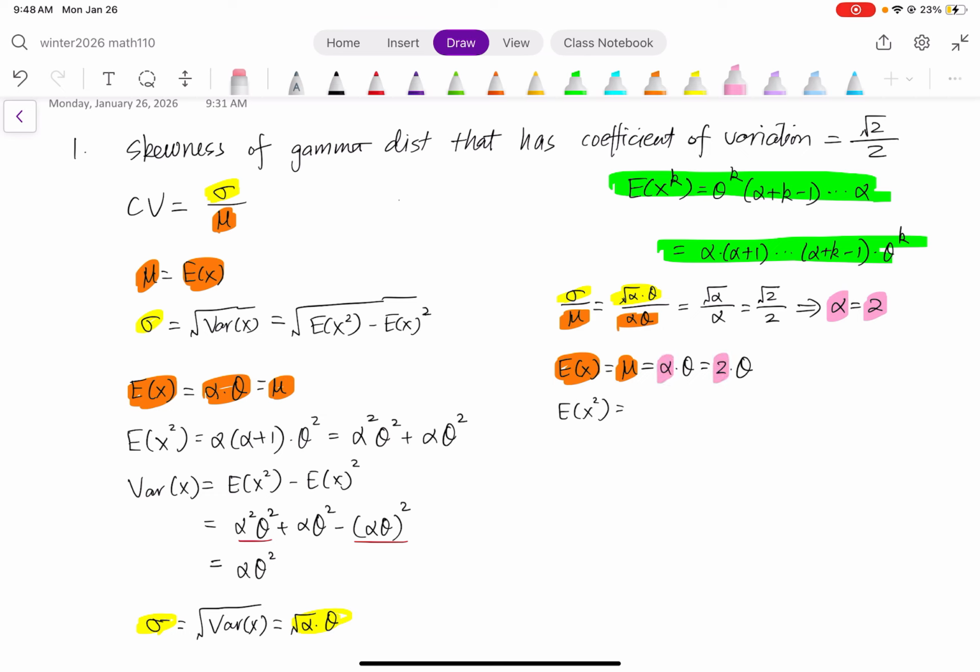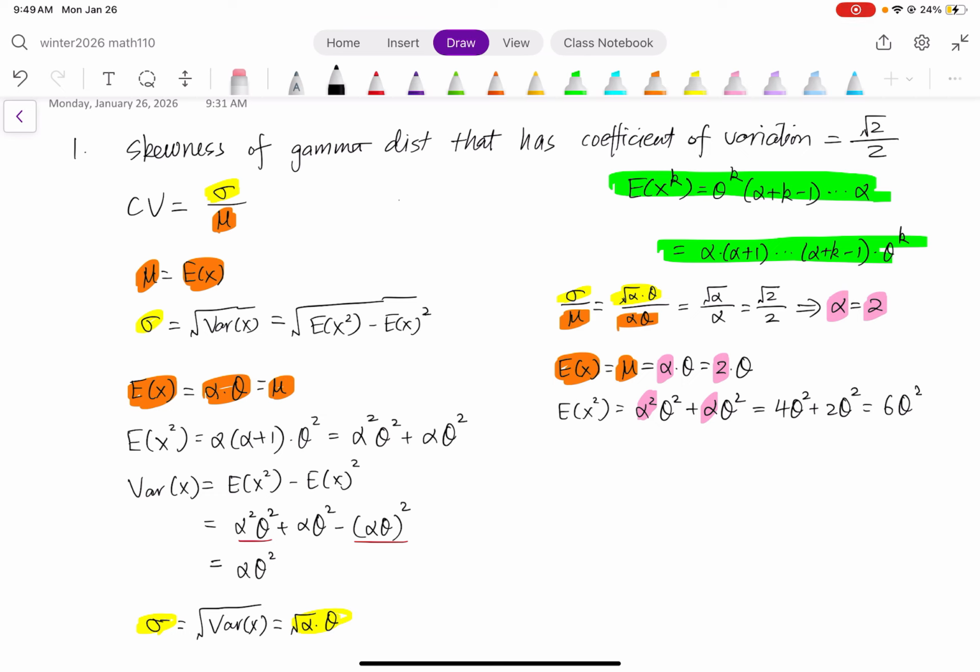Now, expected value of x squared. You end up getting alpha squared theta squared plus alpha theta squared. Because you know alpha equals 2, therefore you end up with 4 theta squared plus 2 theta squared. You end up with 6 theta squared.